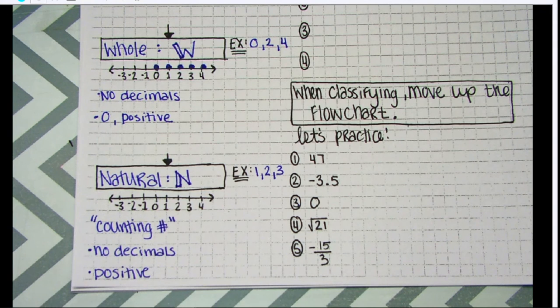All right, so these are all of the numbers. Now, when you classify, you go up. So the number 3 can be classified as natural. It's also considered a whole number because it meets that criteria. It's also considered an integer. It's also considered a rational number and a real number. So when you classify numbers, you work backwards.